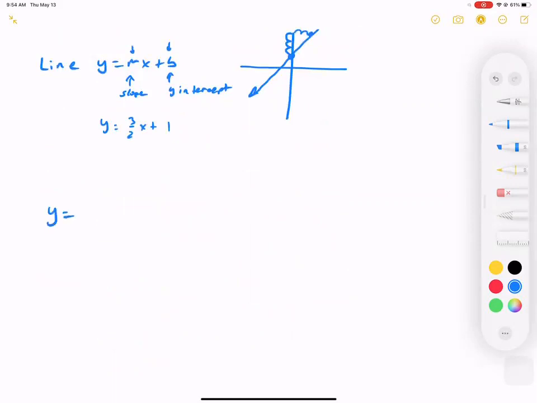Y is equal to 1 times x minus 2 squared minus 1. Another graph we're going to do is y is equal to 2 times x minus 2 squared minus 1.